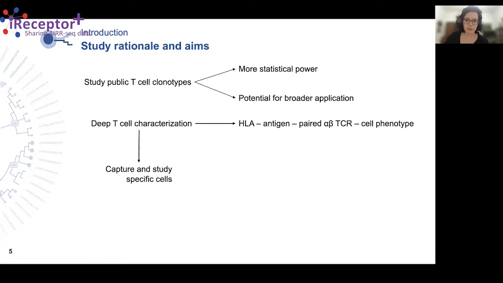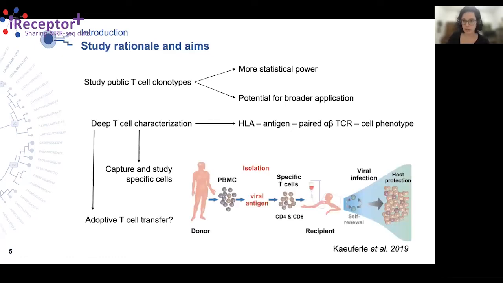And as a somewhat futuristic thing, perhaps, but not even too much, the very deep characterization of TCRs may be a useful topic for adoptive T cell transfer, and usage of specific TCRs in clinical practice.